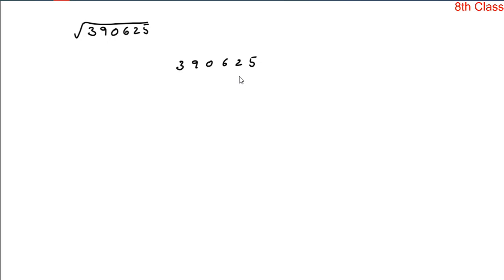So in that method, what is our first step? We place the bar over every pair of digits starting with the units digit. So from the units digit we take pairs of digits as periods. In this given number we have an even number of digits, so we observe 3 periods with 2 digits.